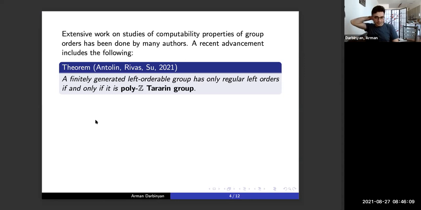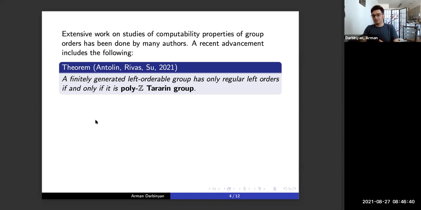One result that I would like to mention in the direction of interaction between orders on groups and computability properties is the very recent result of Antolin, Rivas, and Su that gives a complete classification of left orderable groups for which the left order is a regular language. What this theorem means by regular language is the following.